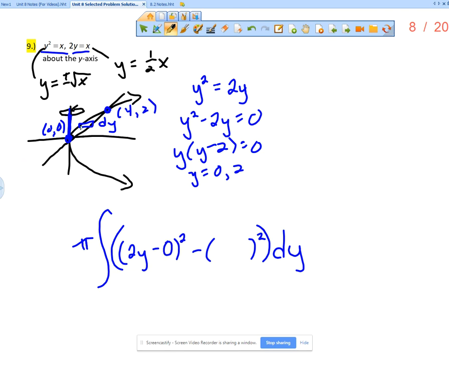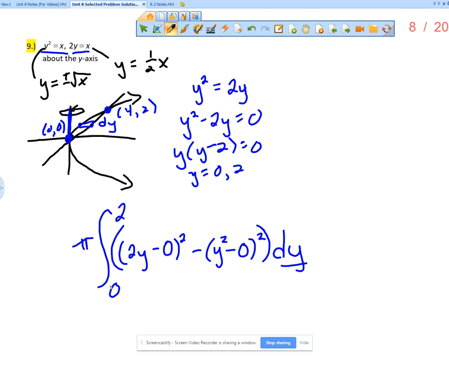Minus, now the nearer boundary of the region to the axis of rotation, so that would be the curve, which is y squared. So we're going to take y squared and subtract the axis of rotation, which is 0. Now that is my integrand. And now I'm integrating from what to what. Remember, this is an integral with respect to y, so our limits need to be y values. The lowest y value is 0, and the highest y value is 2.